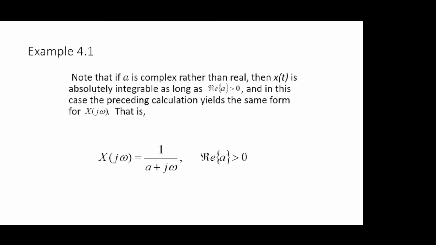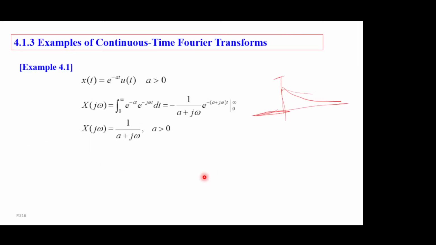And okay, so we say that a needs to be bigger than 0 for that to converge. But there is a little more room: as long as the real part of a is bigger than 0, the integration will converge, and this Fourier transform makes sense. You can also check this with the Dirichlet condition.